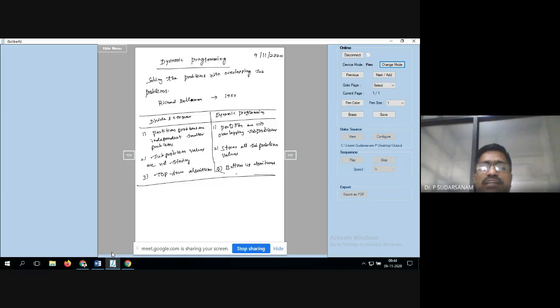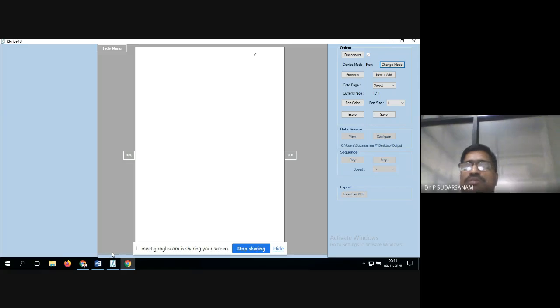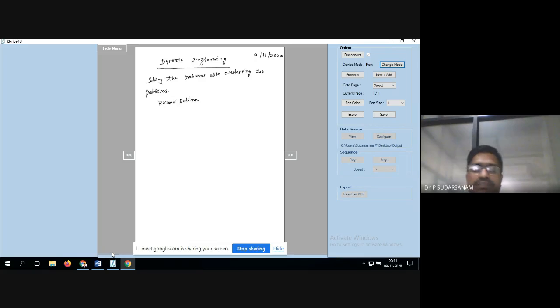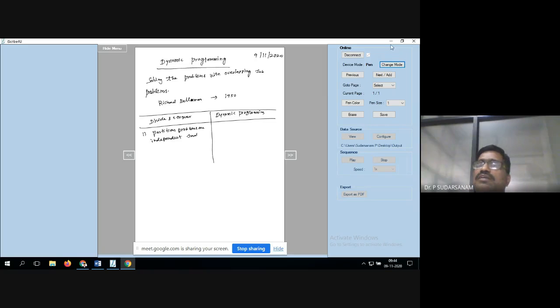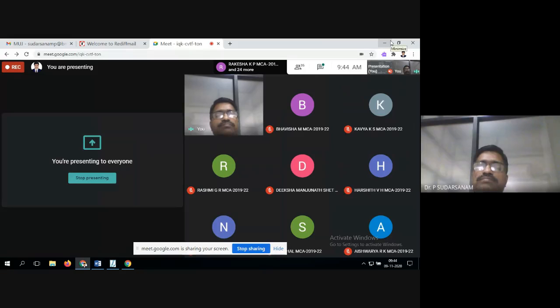Already you have learned it. Partition problems are independent smaller problems. For example, if you take merge sort, what will happen? Any problem you make into two parts, again first part and second part, and again you make two parts.